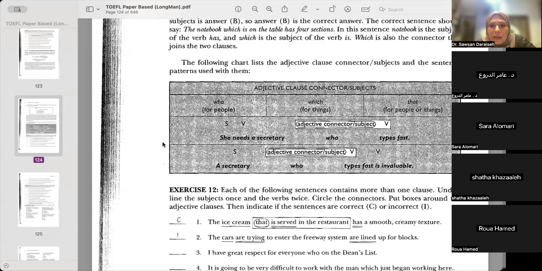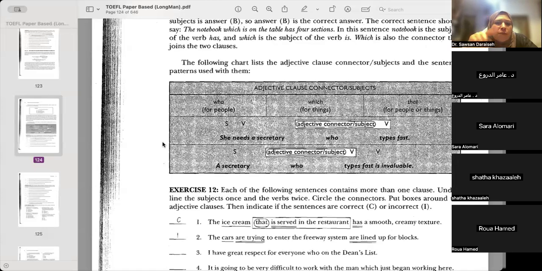She needs a secretary that she can trust. That she can trust. يعني هي بحاجة لسكرتيرة ممكن تثق فيها. That she can trust.